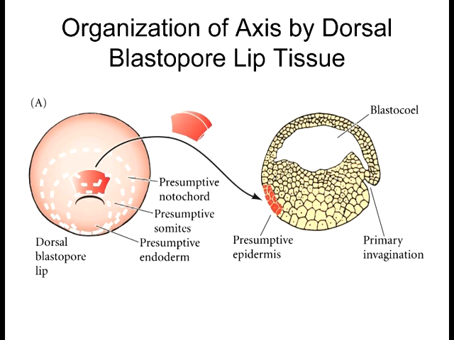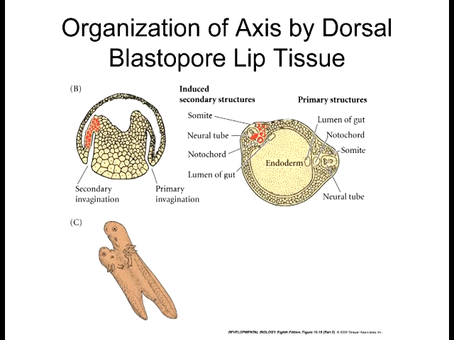When you take these and put it into another part, it doesn't just take on that fate, it actually has predetermined to become what we call an organizer, or an area that can organize the embryo. And guess what the result is? Twins, essentially. Two embryos that will develop as a result of just moving one part of the tissue to another part, and you end up getting conjoined embryos, so to speak.